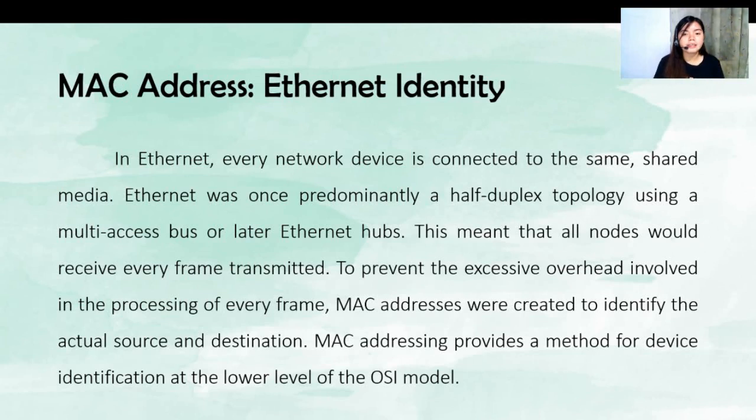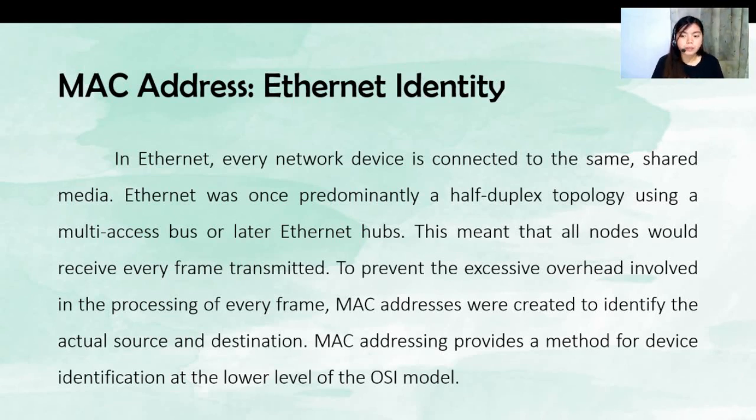MAC address, Ethernet identity. In Ethernet, every network device is connected to the same shared media. Ethernet was once predominantly a half-duplex topology using a multi-access bus or later Ethernet hubs.